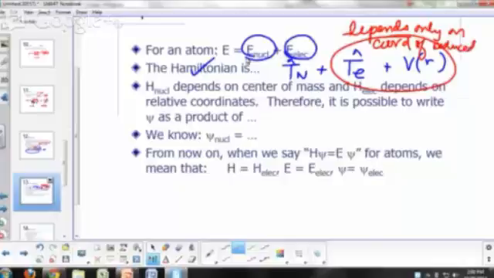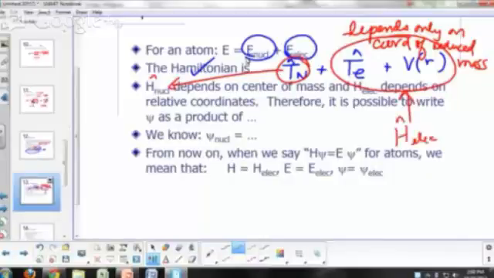And what's the reduced mass here? It's just the electron, okay? So the Hamiltonian for the nucleus is this one right here. It depends on the center of mass, and this is the part of your Hamiltonian that affects the electronic coordinates, depends on the relative coordinates.